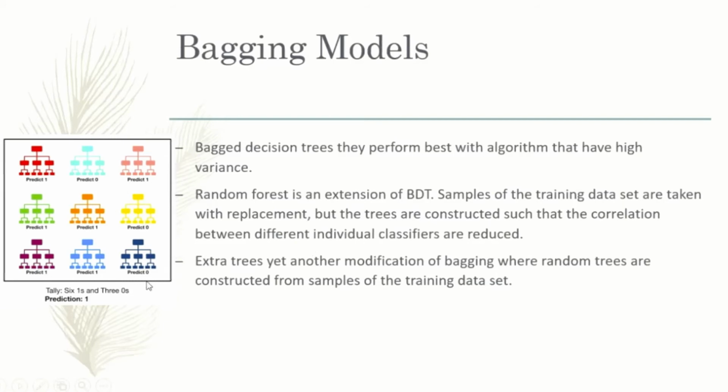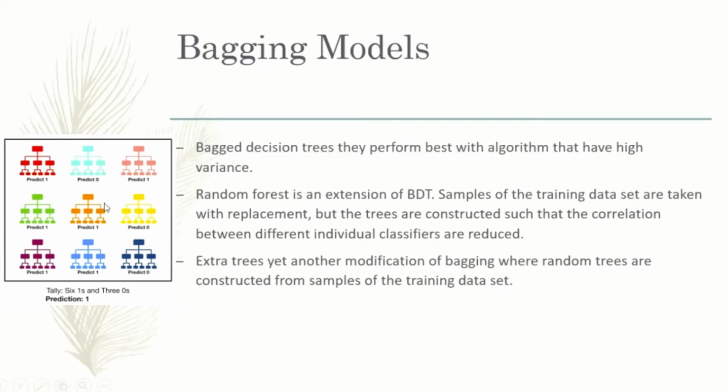The prediction will be 1 because the voting is 6 for 1 and 3 for 0, so you go for majority votes. Extra trees are another modification, where random trees are constructed from samples of the training data set. It is again an improvement, working on the same principle of majority voting.